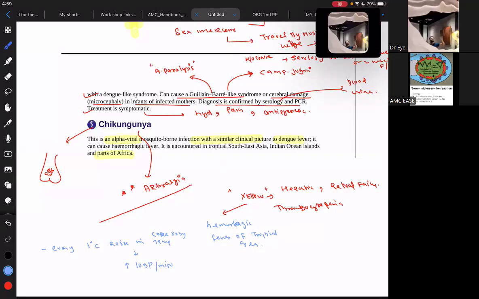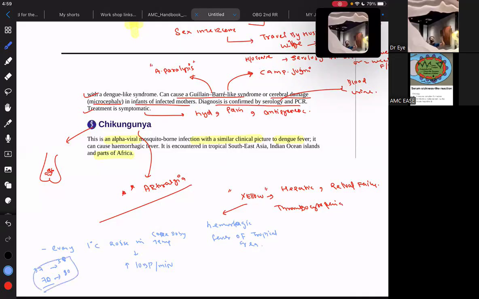For example, if your normal heart rate is 70 or 72 and your normal temperature is 37, if now your temperature is 38, the heart rate also increases. That's the reason that in those who have fever, the pulse rate also increases, with every 1 degree Celsius rise in core body temperature increasing heart rate by 10.